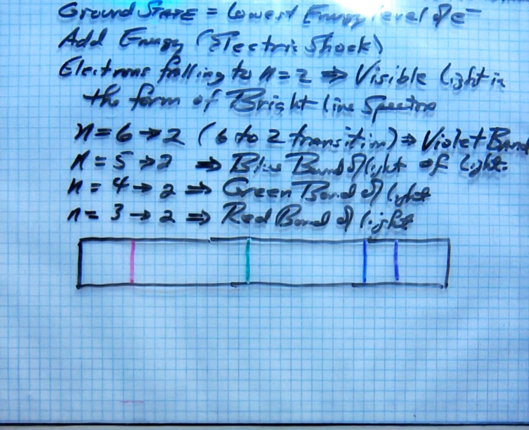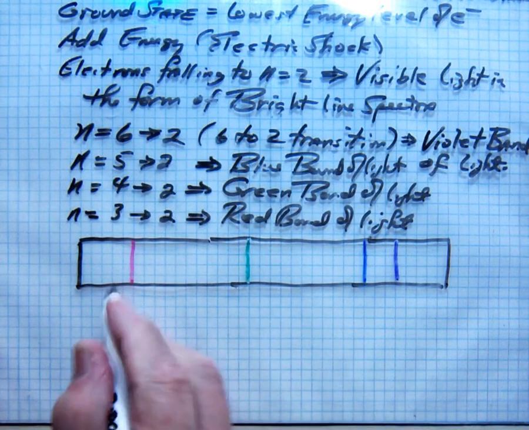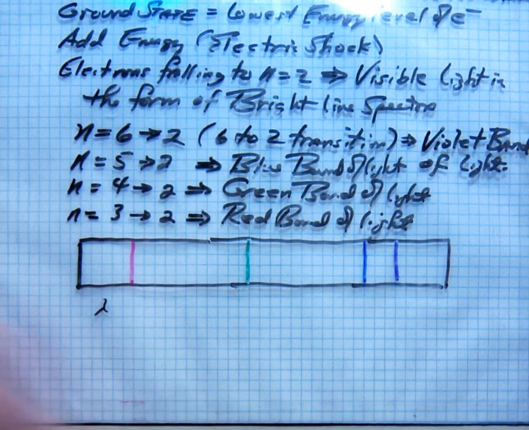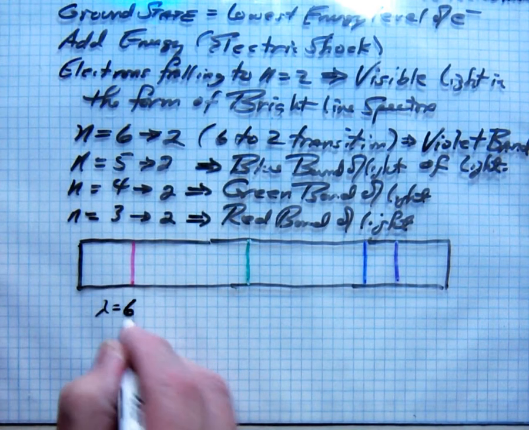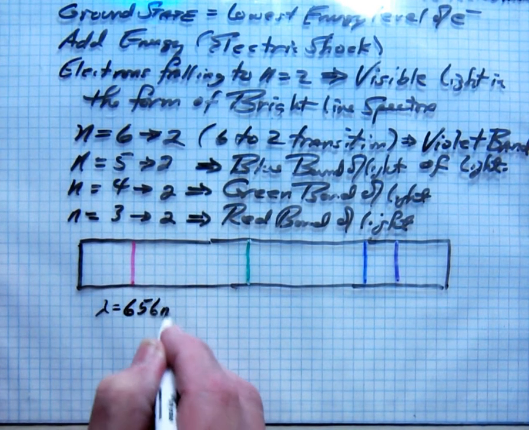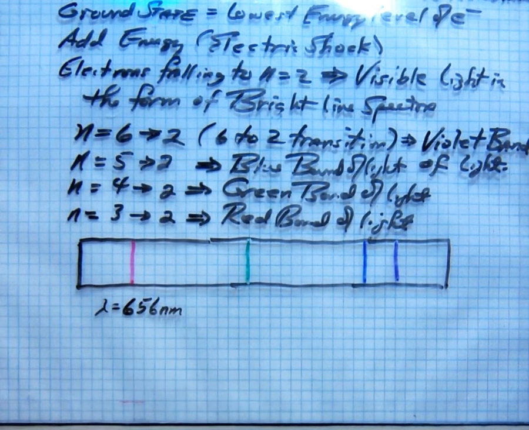Now what I'm going to give you right now, and then we'll pick it back up when we get into that part, are the wavelengths. The red line, what we call lambda, lambda is a little squiggle that looks like that Greek letter, is 656 nanometers. It's not 657.